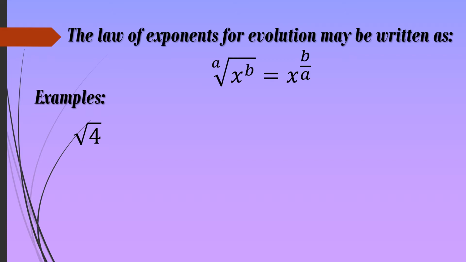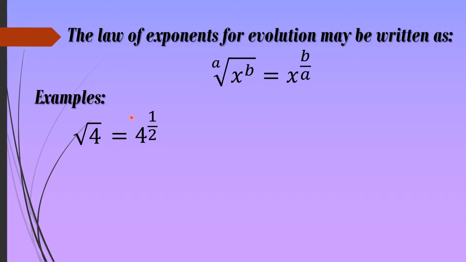So sundan natin ang given formula na ito wherein yung x is yung number 4 and then b is the exponent of 4 here. So wala tayong nakikitang exponent, therefore that is 1. And then over a wherein a is the square root. So since walang nakalagay na number dito and this is called the square root, automatic ang square root ay yung number 2. So, magiging equals to 4 raised to 1 half.